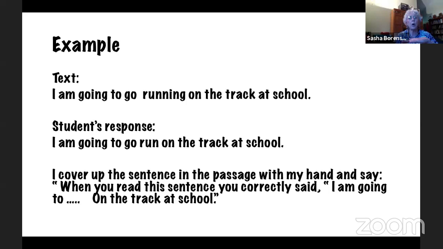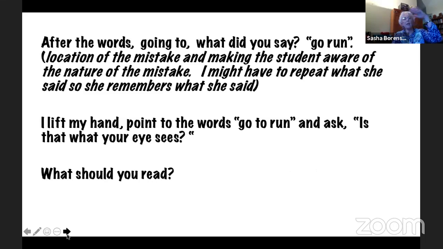You said go run. How would you spell run? And they would tell me R-U-N. And then I'd lift my hand up and I said, is that what your eyes tell you to say? And they say, oh no, I have to say, I'm going to go running.